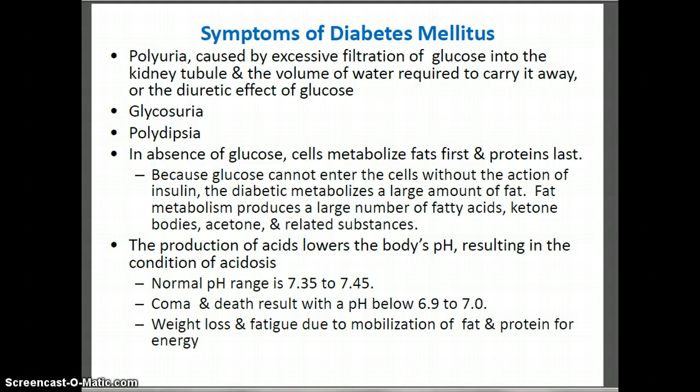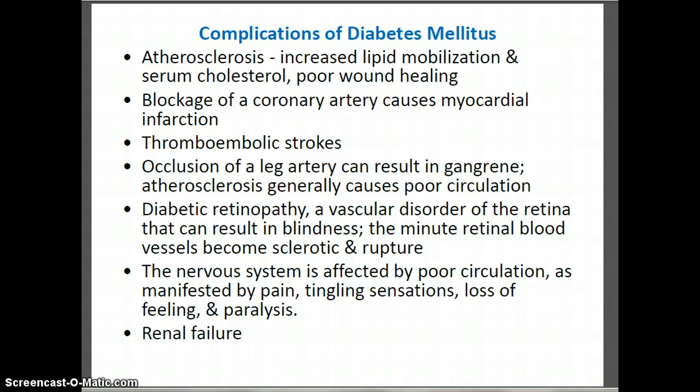It's being urinated out. Complications: atherosclerosis, and then a blockage of the coronary artery could cause a myocardial infarction. Thromboembolic strokes. This is when a clot breaks loose and can clog an artery leading to the brain. Occlusion of a leg artery can result in gangrene.